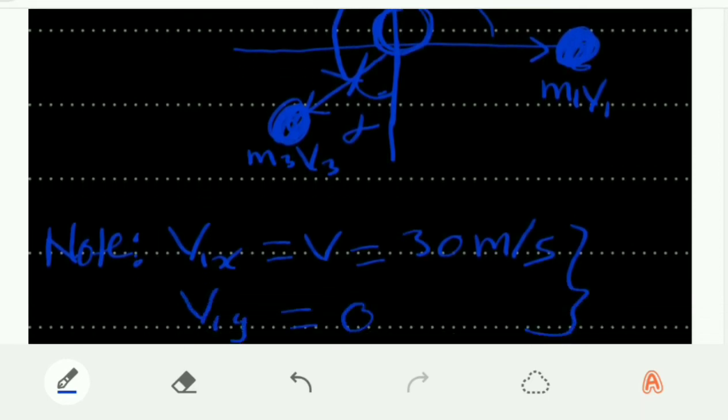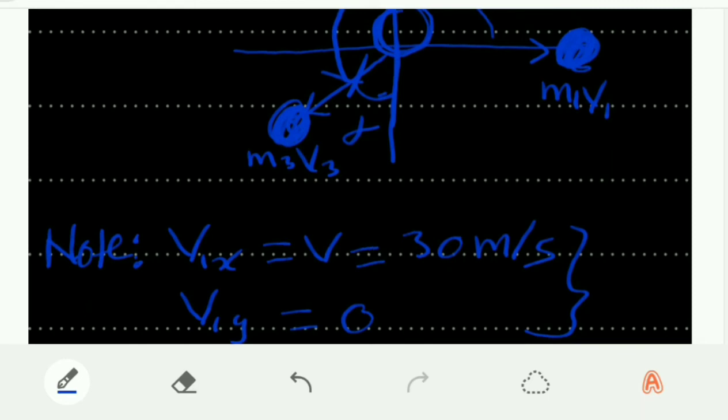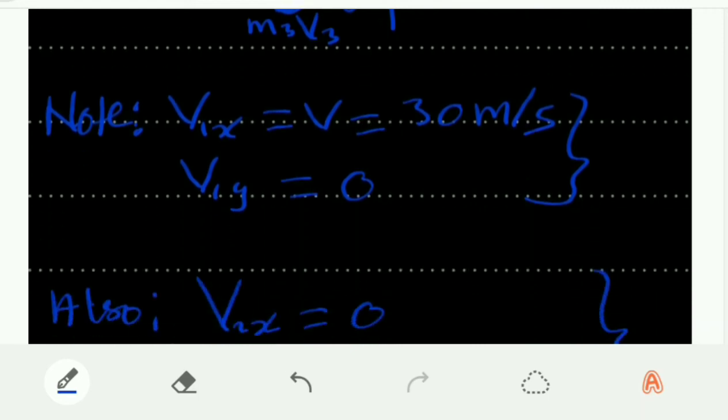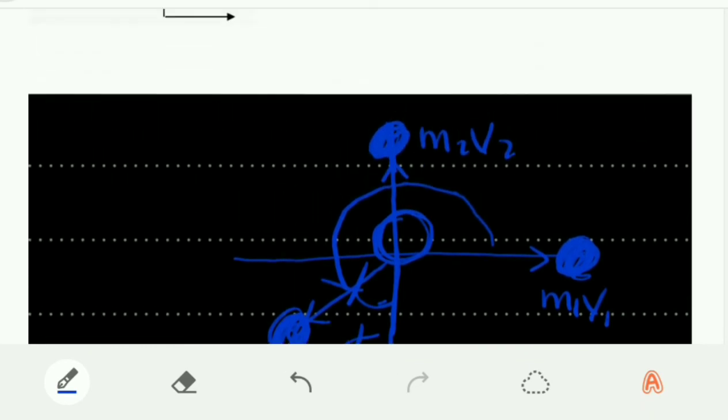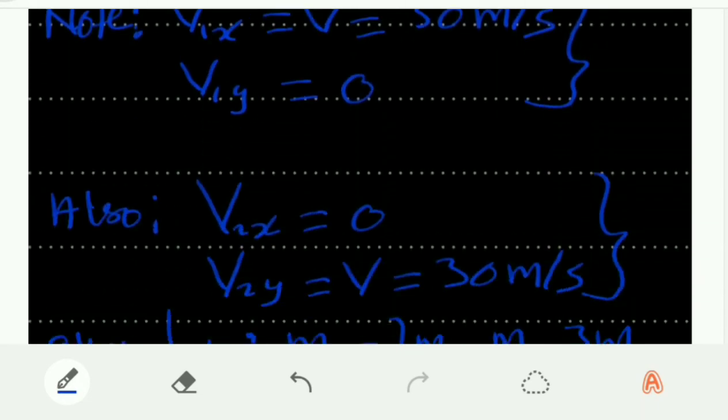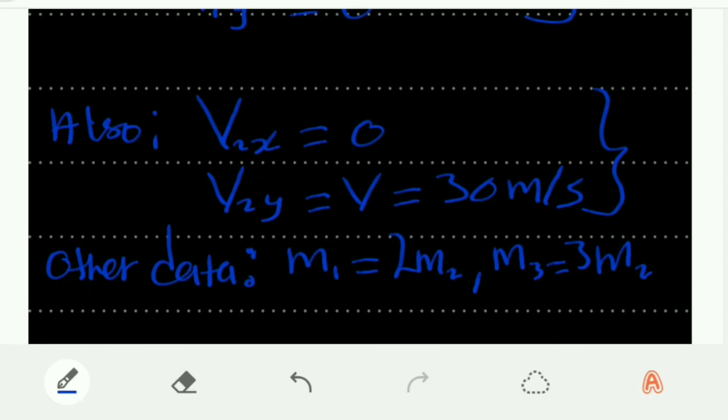But m1 is not going anywhere near the y direction. It's just moving along the x, so v1y is 0. And then we also have v2x being 0. This ball is not moving in the x, it's just going in the y direction. Therefore, the y speed of this second particle is the same as v, which is 30 meters per second as well.